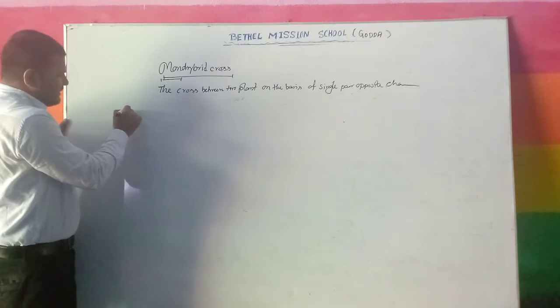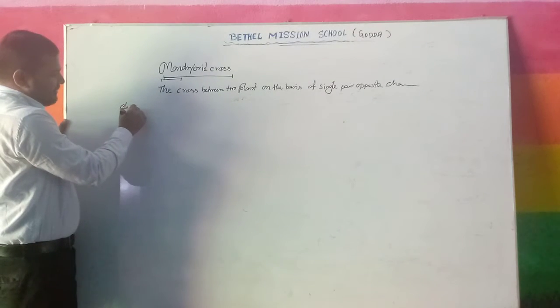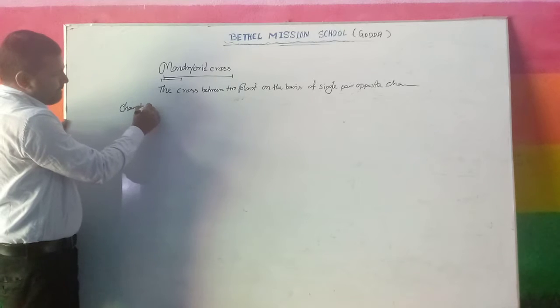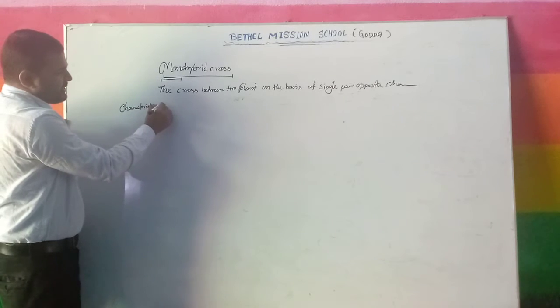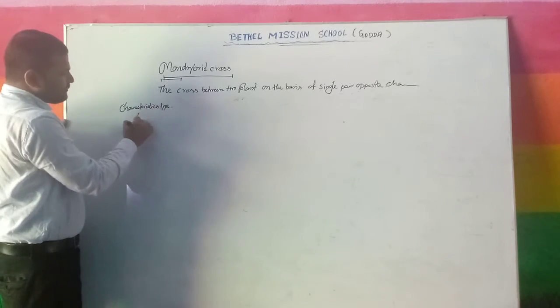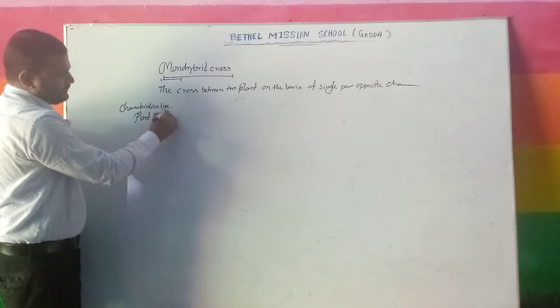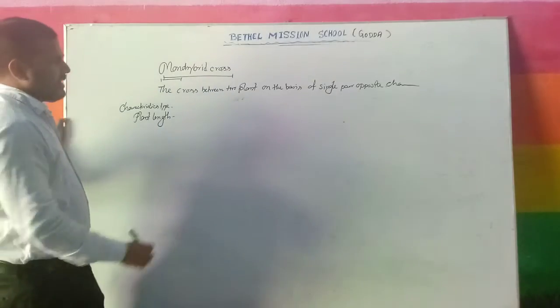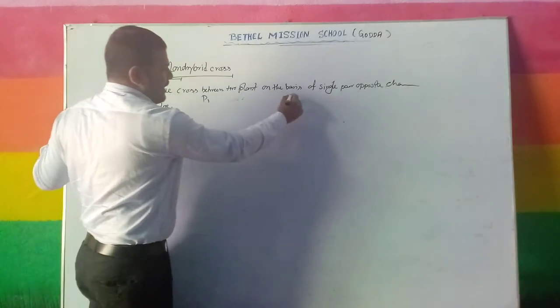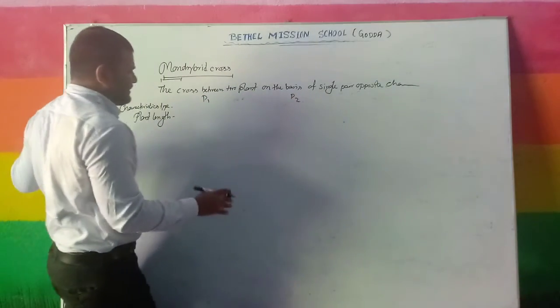Suppose the characteristic type is the plant length. This is a characteristic type. Plant 1, plant 2. These are the two plants.